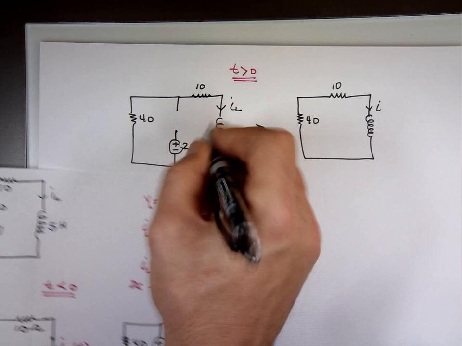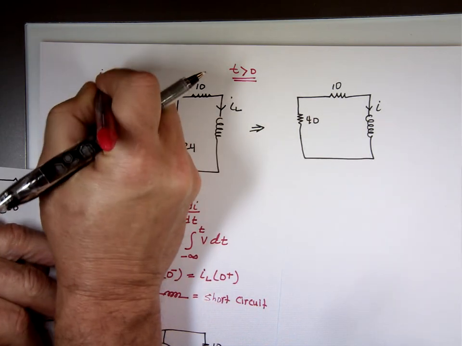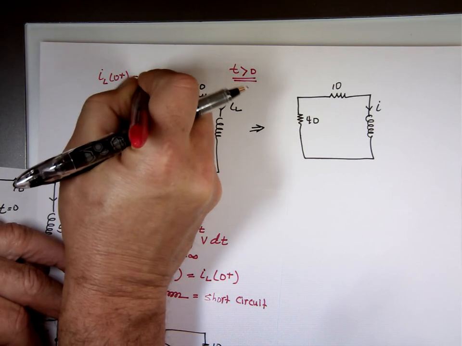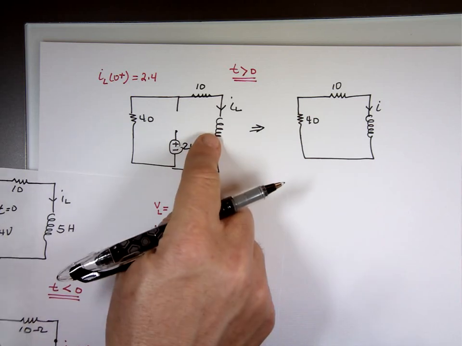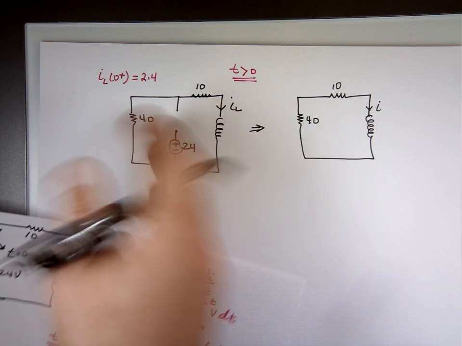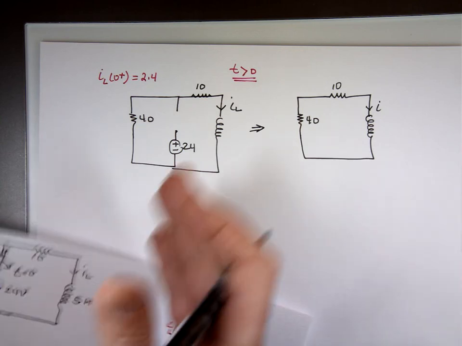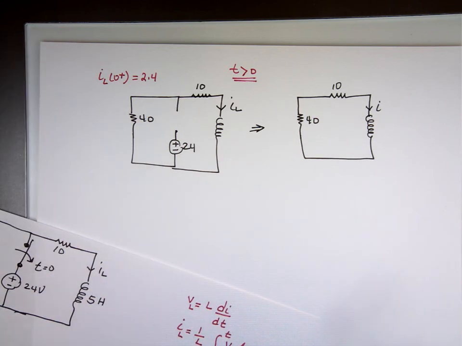So the current coming through this at 0 plus is also going to be 2.4. So this really is going to react as a source. That inductor becomes my source, pushing the current down through it. There is no other source. It doesn't last long. Then the values start to decrease, then finally goes to 0, and there's nothing going through the circuit.